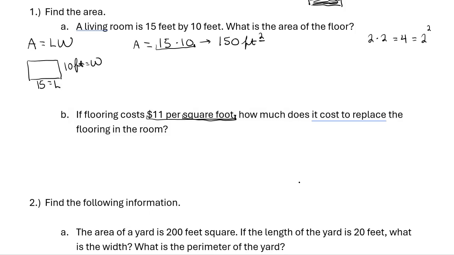So once again, this is a perfect example of repeated addition, which means we can use multiplication. So if we have 150 feet squared, that's the area of the floor, and we multiply it by 11, that is going to give us the cost. And so we get $1,650. And that is your final answer.